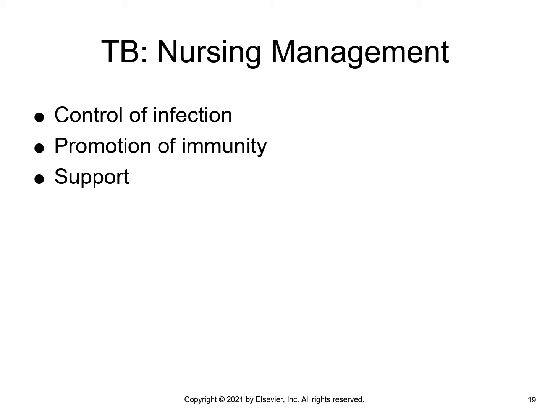An airborne infection, in addition to standard precautions, also uses isolation precautions. The TB patient uses airborne infection precautions. The patient needs to be placed in a negative pressure isolation room that has an anteroom or a pre-room before actually going into the patient's room.